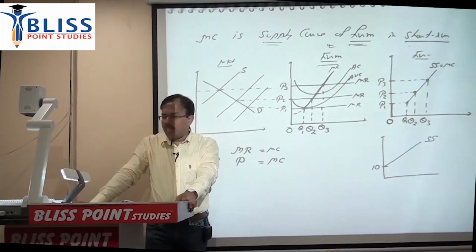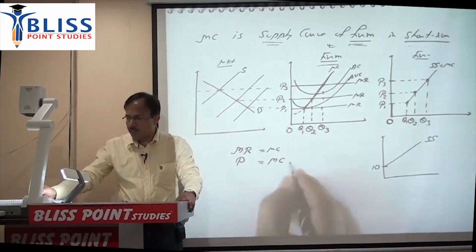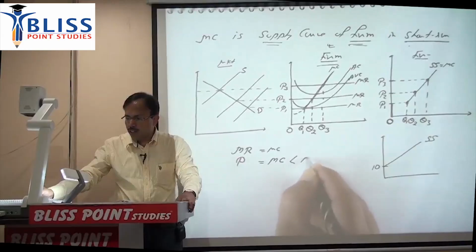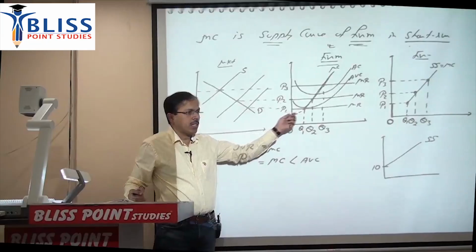However, when MC is less than AVC, less than AVC का मतलब इसके नीचे वाले पॉइंट आ जाएंगे सारे.